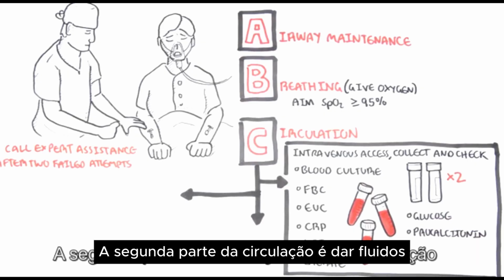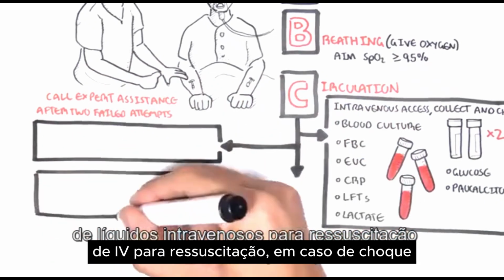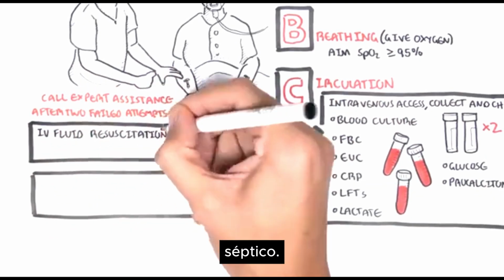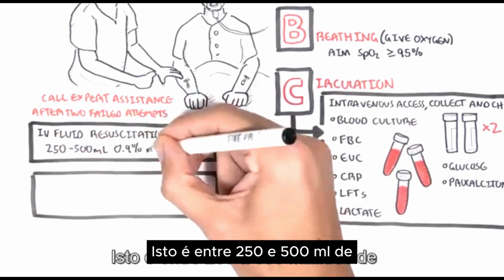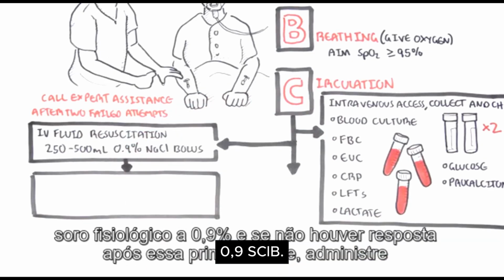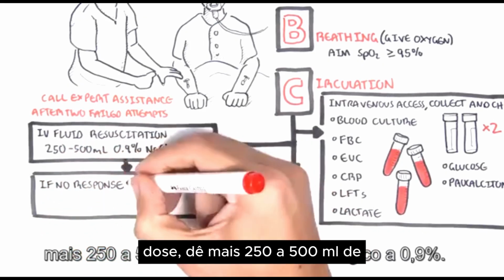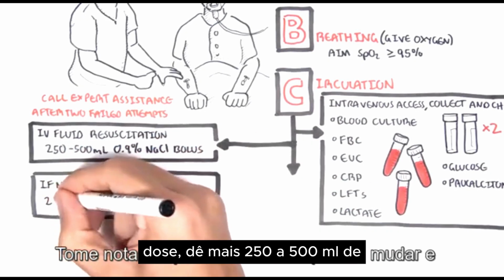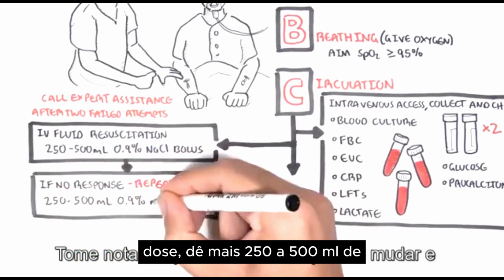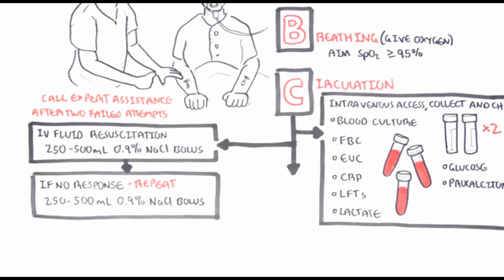The second part of circulation is to give IV fluids for resuscitation in case of septic shock. This is between 250 to 500 milliliters of 0.9% sodium chloride bolus. And if there is no response after that first dose, give another 250 to 500 milliliters of 0.9% sodium chloride again.